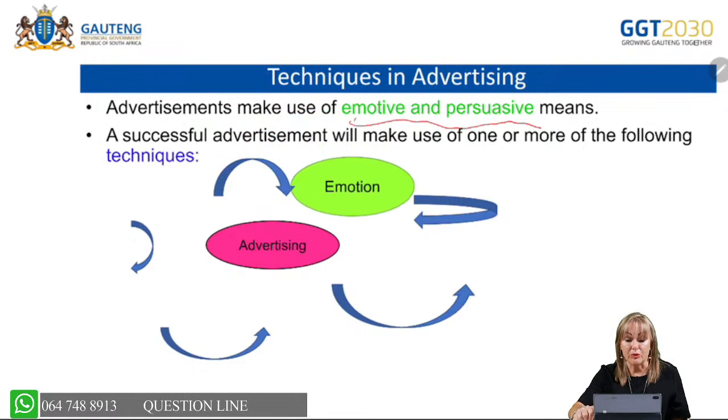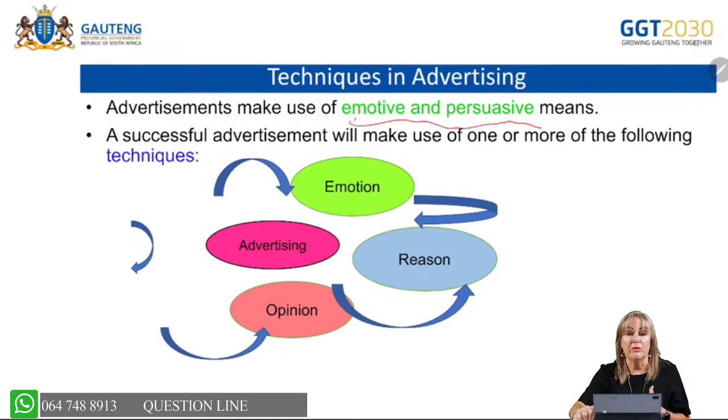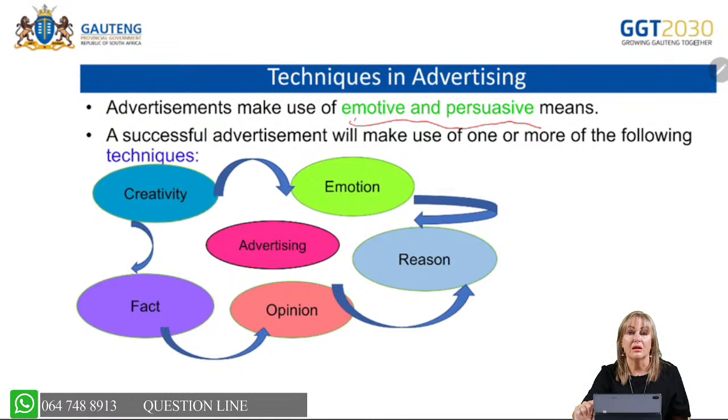Appeal to your emotions. Appeal to your reason. So sometimes they will give you facts. They will present you with an opinion. But again, facts that are linked to reason. And then lastly, advertisements use creativity.